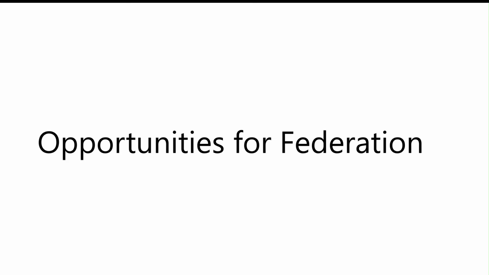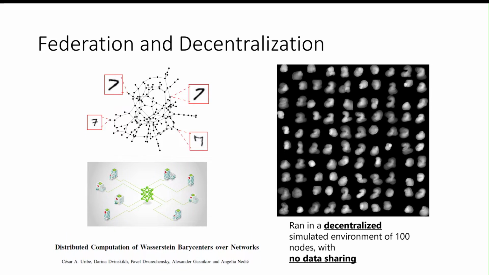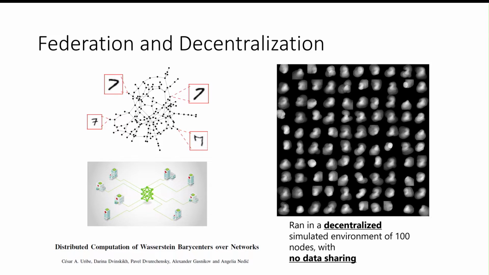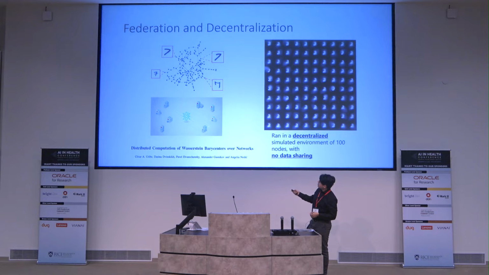So now quickly 2 interesting things, opportunities for federation. So one of the things is that these results that I show you were actually run in a federated environment. So you can imagine that instead of having one single hospital, you have a network of them, and each of the hospitals only have few samples of the number 7, and you still want to compute the average of all of them without having to share the data because of privacy reasons.